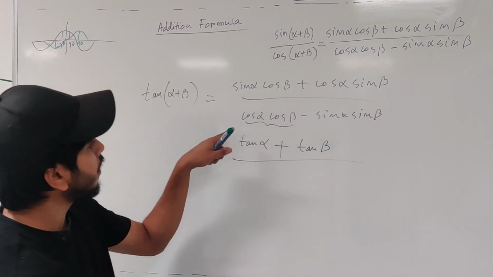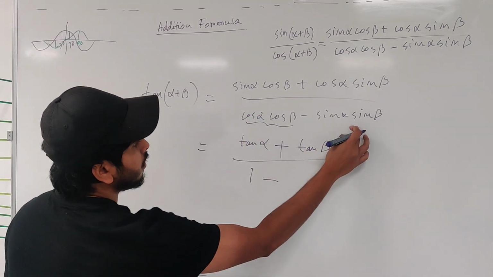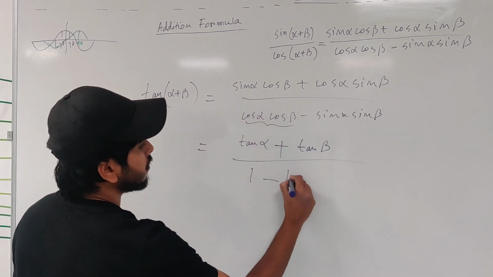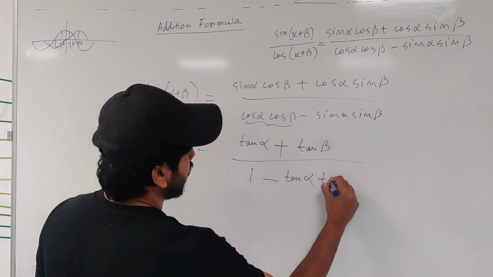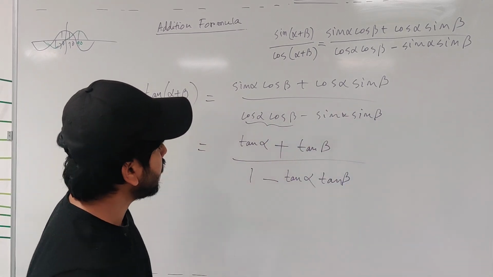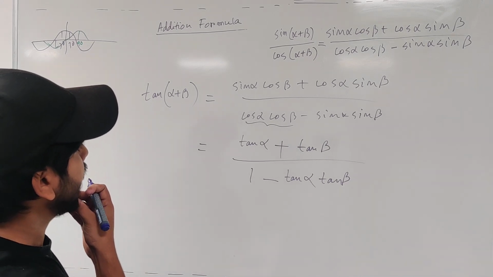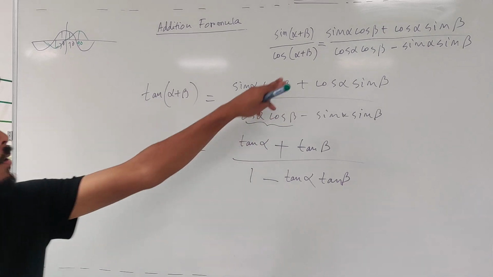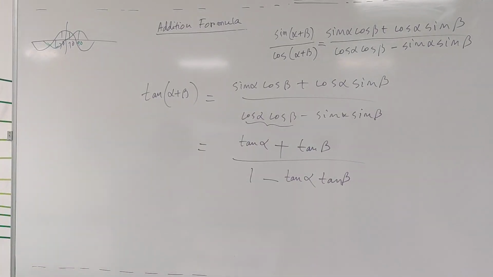Now if we divide this guy with this guy, you'll have 1 minus, sin alpha over cos alpha is tan alpha, sin beta over cos beta, tan beta. I don't remember these formulas, but I hope this is not wrong. Yeah, looks right. But the mother formulas are these two. If you remember these two, you can pretty much solve every question. Okay.